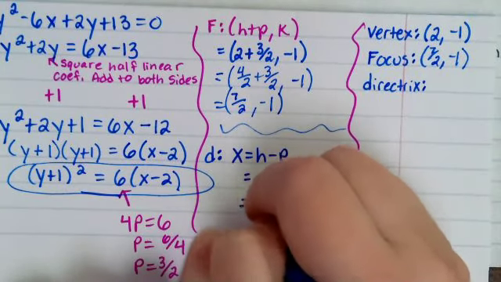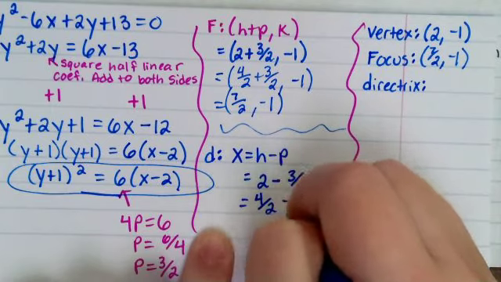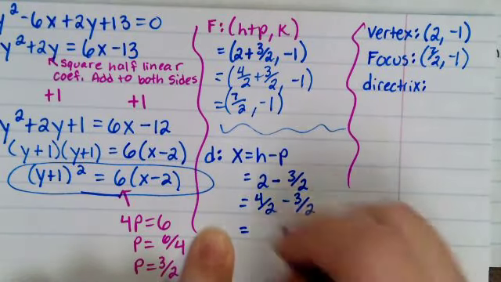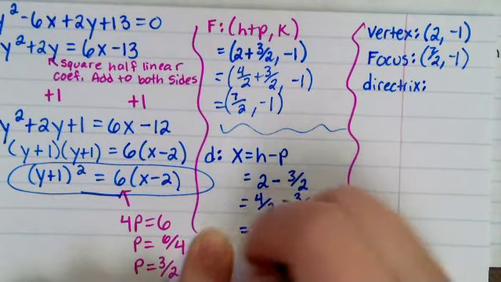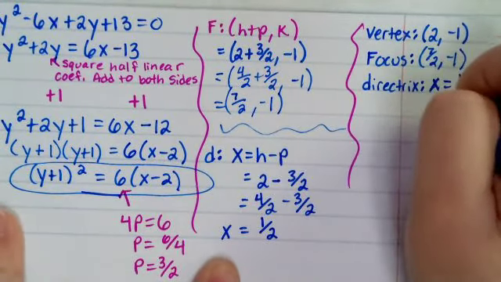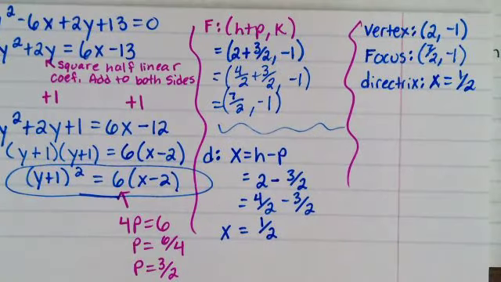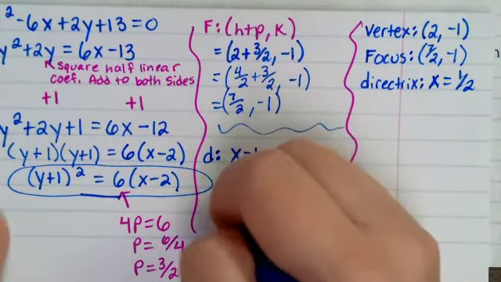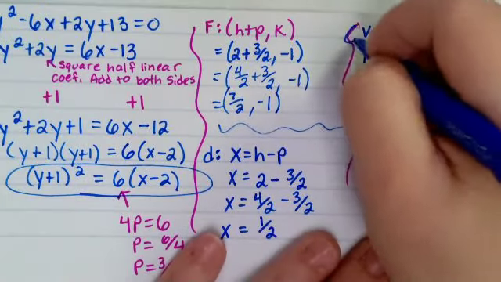Again, get a common denominator so that we can subtract them. And we get 1/2. X equals 1/2. Not just 1/2, guys. Don't just put the number. I need the equation. So x equals 1/2 for the equation of that line. And those are our answers.